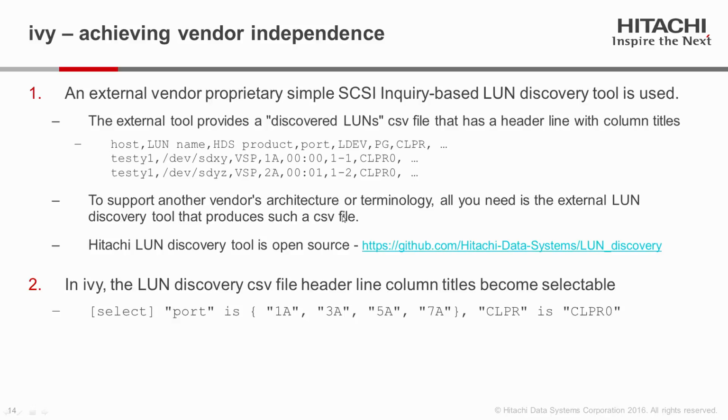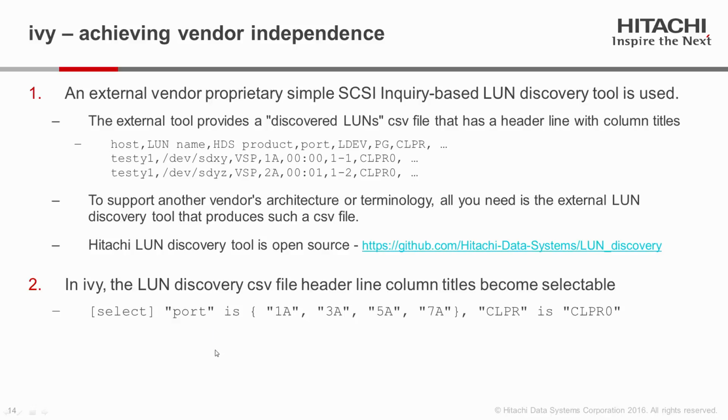And then in order to provide support for another vendor's architecture or terminology in Ivy, all you have to do is produce a CSV file that's got a header with attribute names and a body with lines for each LUN, showing what the values are for each of the attributes for that LUN. Then in Ivy, these column header titles become selectable.